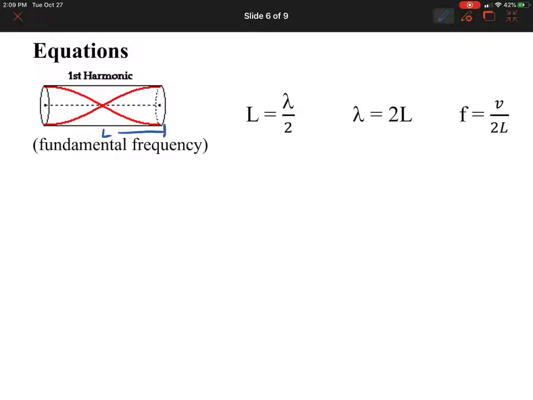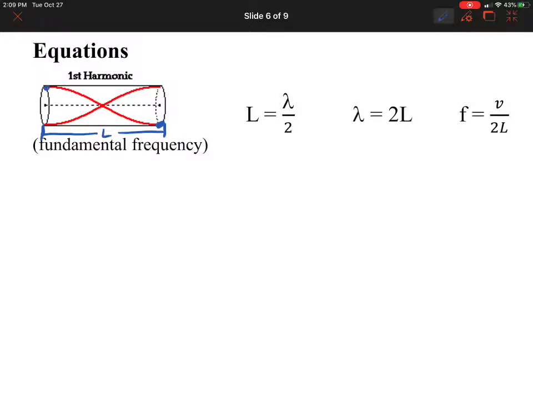So we know the length of the air column here is equal to half of the wavelength, okay? And that's just because that's the least amount of wavelengths I can draw with it still being open at both ends and therefore getting an antinode at both ends. And therefore, my wavelength is 2 times the length of the air column, right? If I want a full wavelength, when the wavelength is this big, I just have to double the air column.